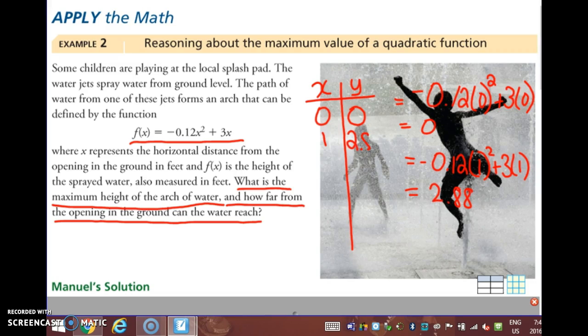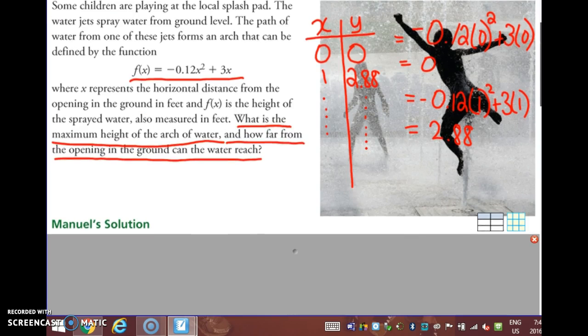So when it has traveled a distance of 1, the arc of the water is at 2.88 feet. I will just continue plugging in points and seeing the water increase until we get to a level where we start seeing the water decrease.